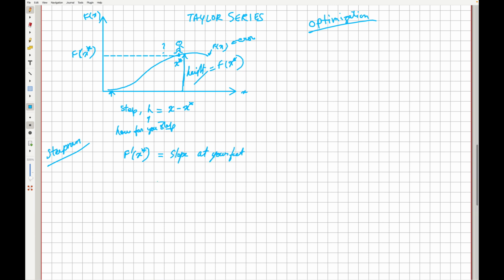So this slope tells us how much the height changes per step. And if the slope is constant, then the height change is equal to slope times distance. So that's when the slope is constant.